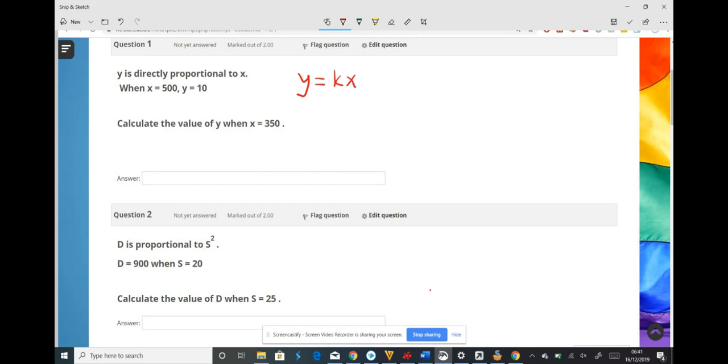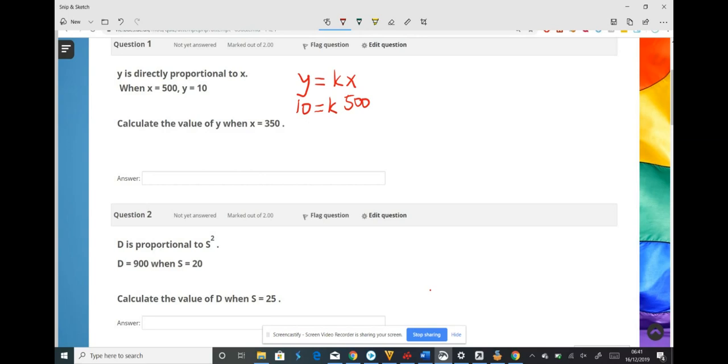So y equals kx. And we know then when x is equal to 500, y is equal to 10. So 10 is equal to k times 500, or 500k.